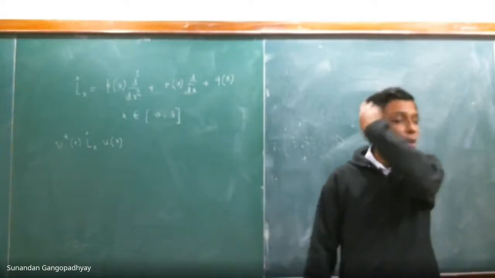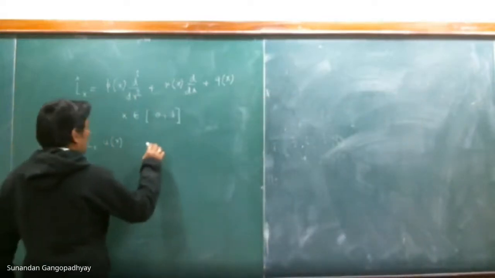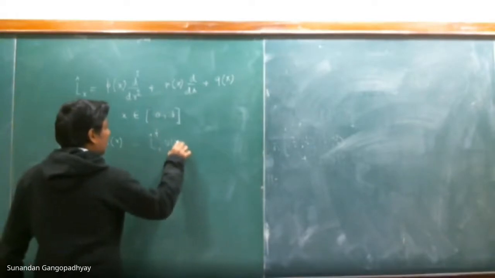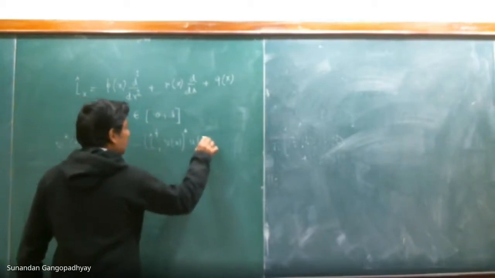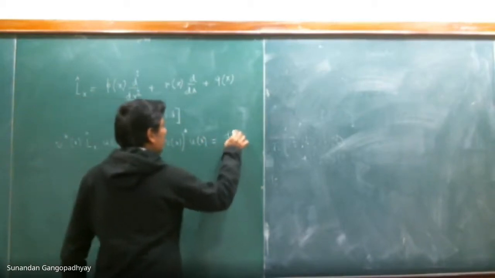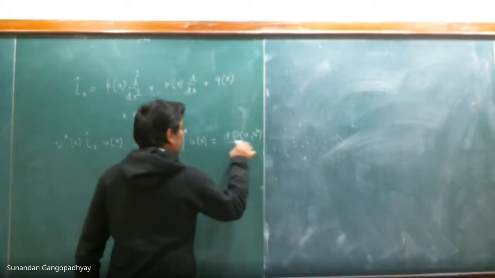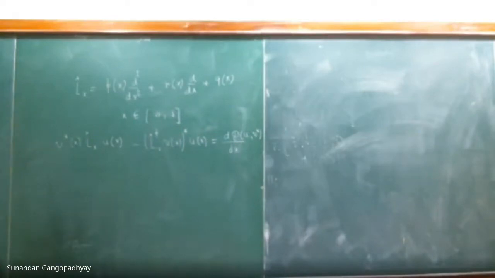That is, you can write this as L hat dagger x v(x) star u(x), and that is equal to dQ(u,v star)/dx. So this is how you can form the Lagrange identity.